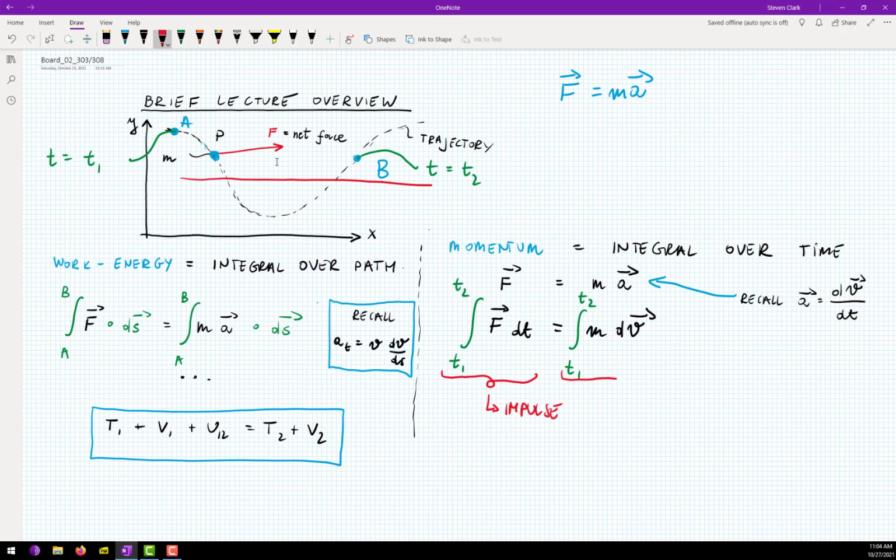And this integral, if we solve it, we will end up with mv at time instant 2 minus mv at time instant 1.